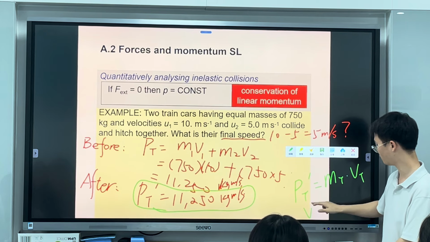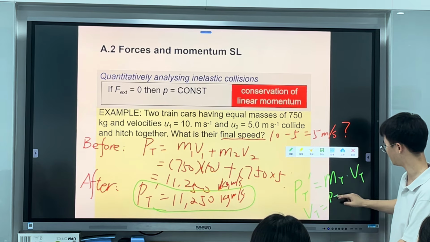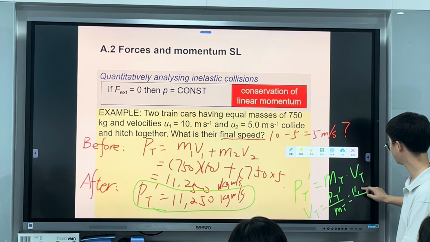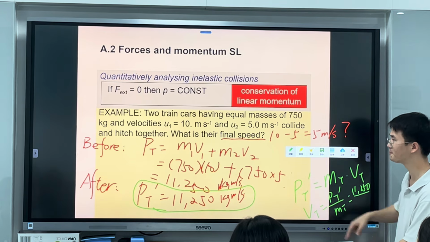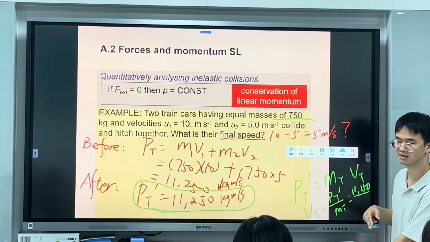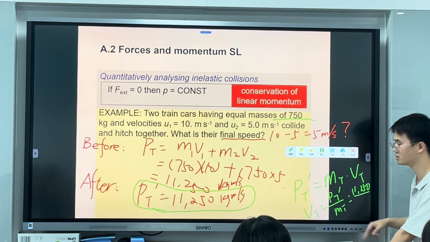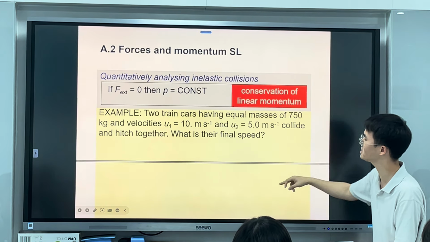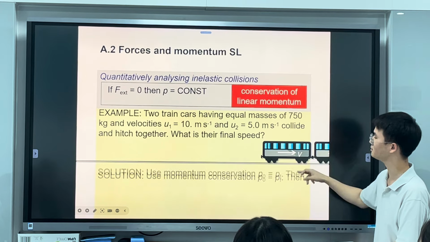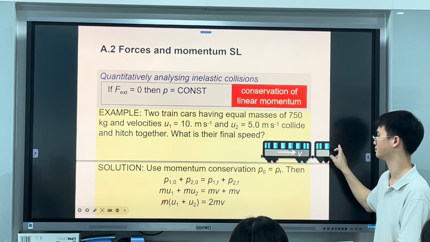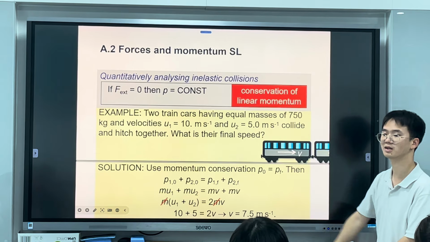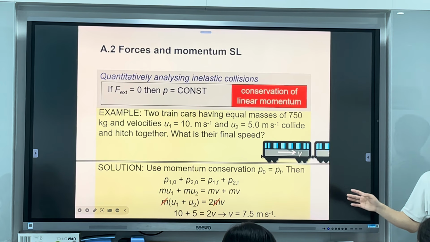So V total should equal P total prime over M total, which is 11,250 divided by 1,500. So the final answer is 7.5.